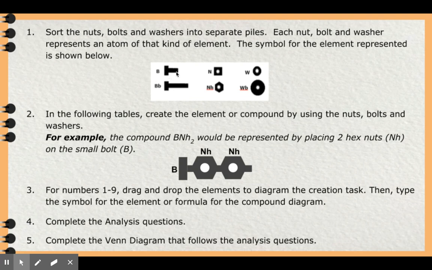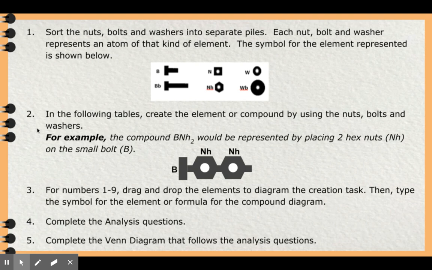So for the two bolts, I have a capital B. That's my element symbol for the small one. And then I have a capital B, small b. That is my element symbol for the large bolt. My other symbols and elements are a capital N, a capital W, a capital WB, and a capital NH. All these 6 different pieces represent different elements.